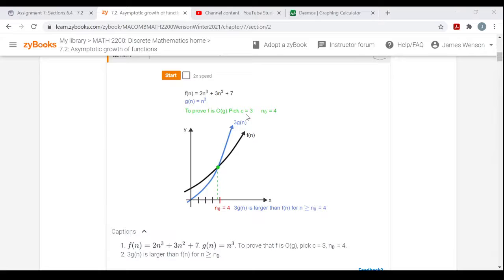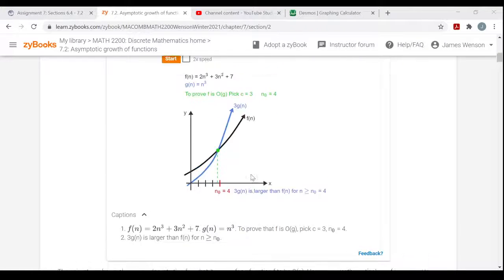If I pick c to be 3 and look at the graph of 3n cubed, at some point it is always larger than the graph of f. And that point is at n equals 4, or n sub 0 equals 4 here.